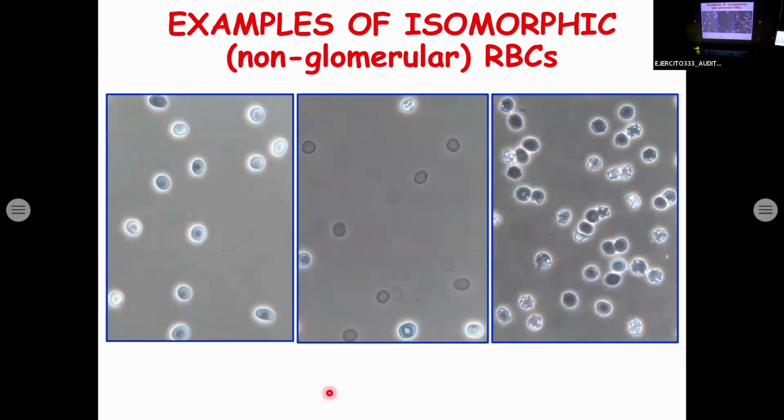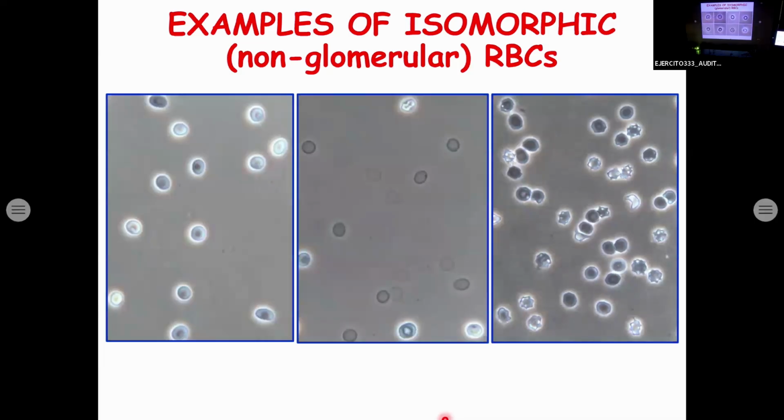And here you have already seen this today several times, examples of isomorphic red blood cells, all with normal hemoglobin content. Here we have a number of ghost red blood cells which have lost their hemoglobin content, and we have a subtype of isomorphic red blood cells which are crenated red blood cells, which are associated with changes of specific gravity, as it was told before this afternoon.